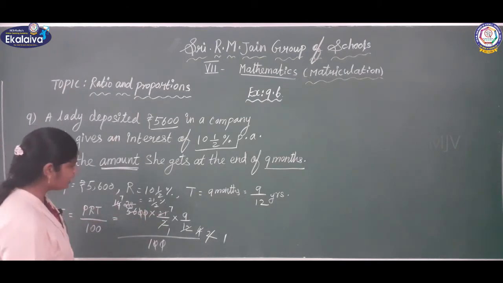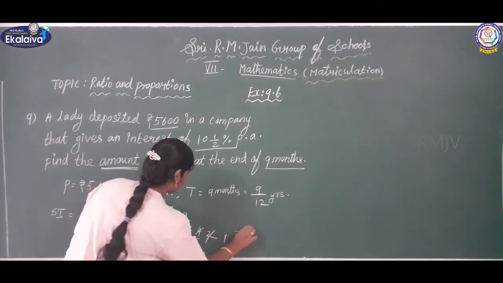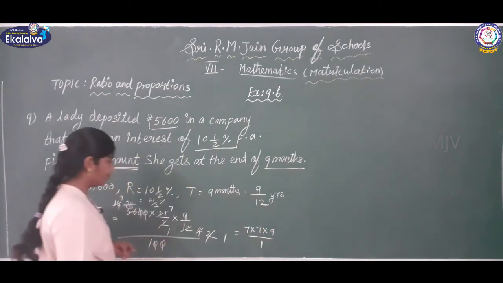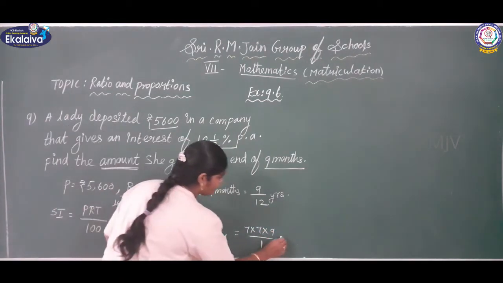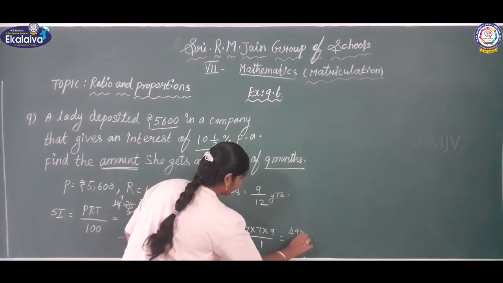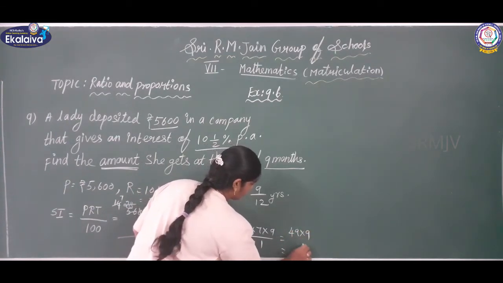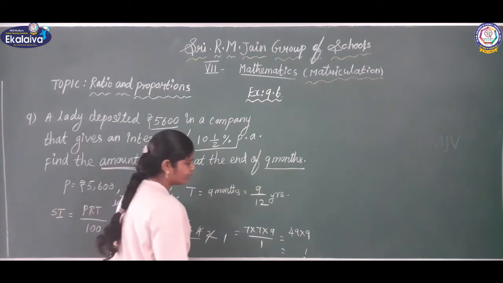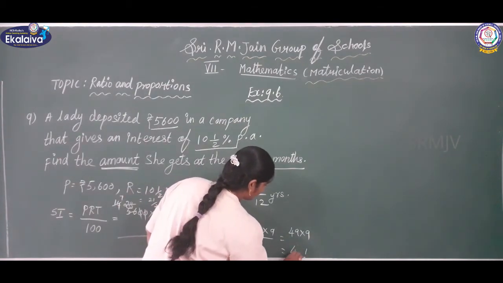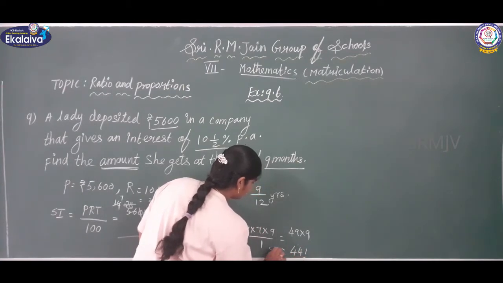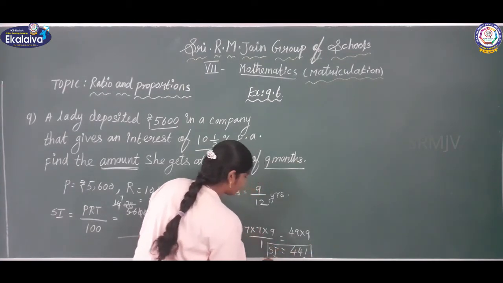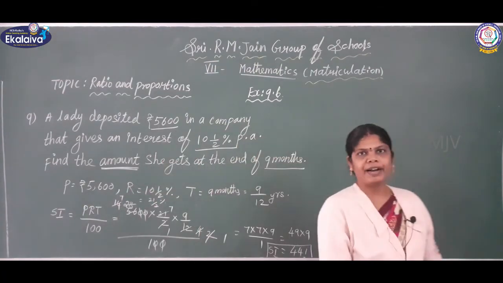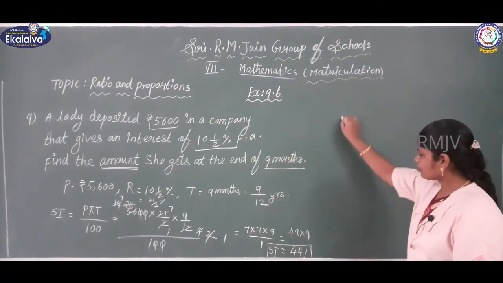So what is there in the numerator place? 7 into 7 into 9 divided by 1. Okay. So what you are getting, children? 49 into 9. 9 nines are 81, 1 remaining 8, 9 fours are 36, 36 plus 8, 44. So what is the simple interest, children? Simple interest equal to 441.